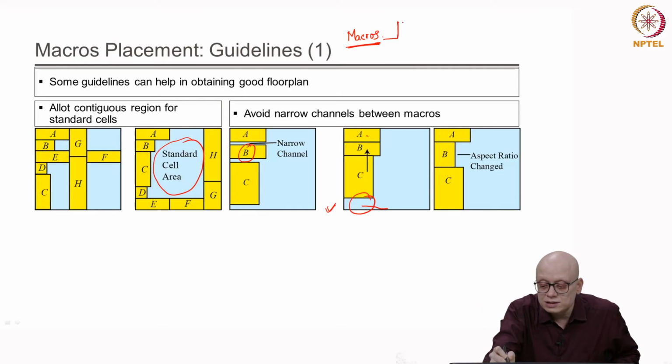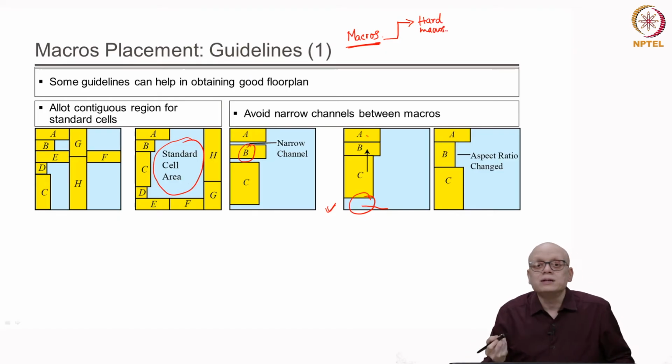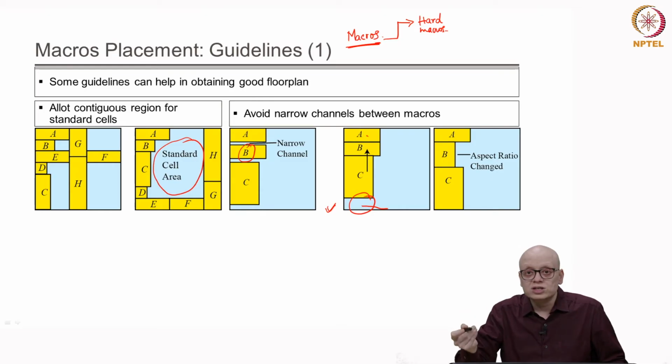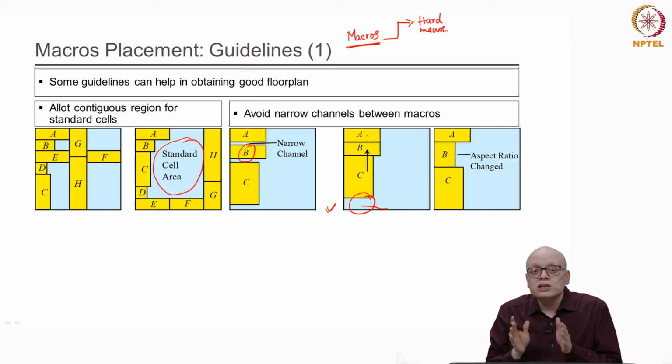The first one is known as hard macros. These hard macros we might be getting from some other vendors, and in this case the aspect ratio and other things are fixed. We are not allowed to make any change in the area or the aspect ratio of the macros.